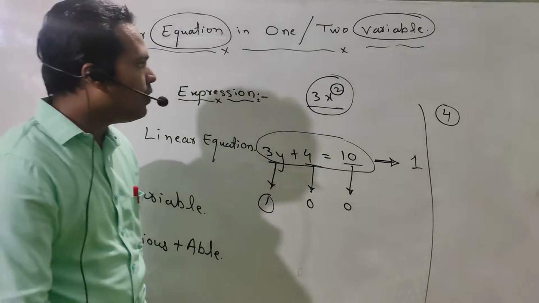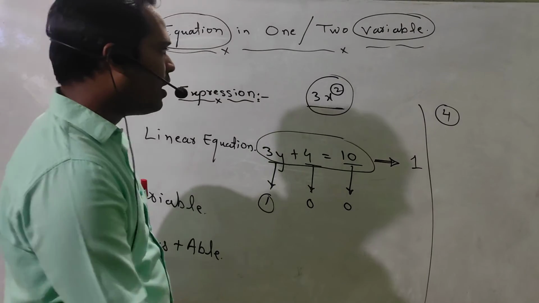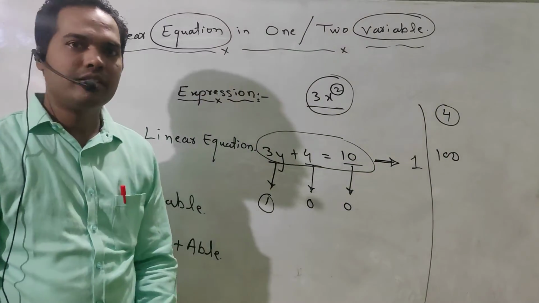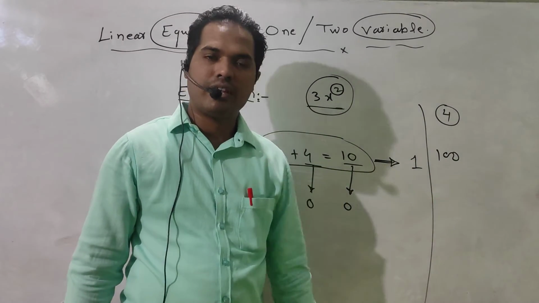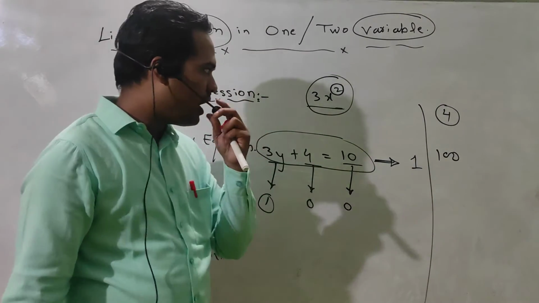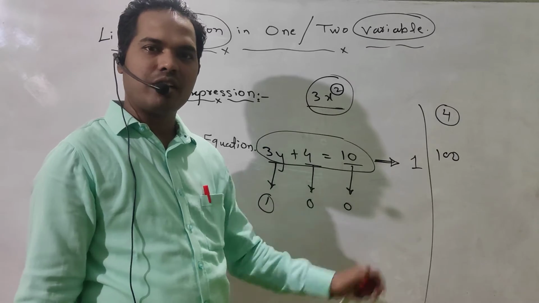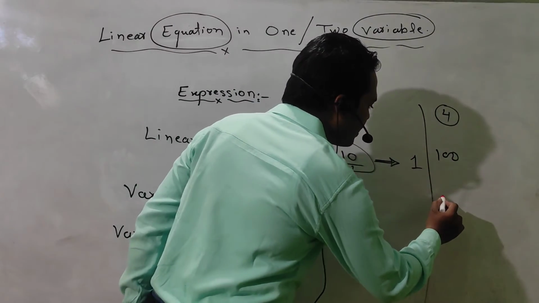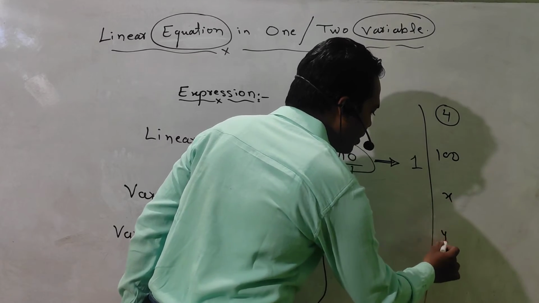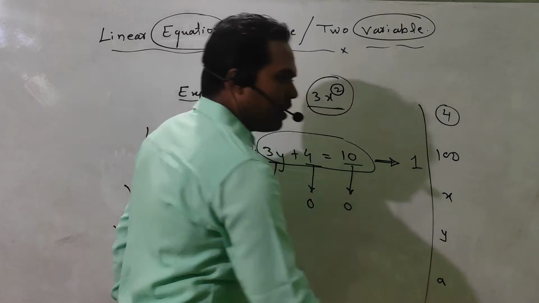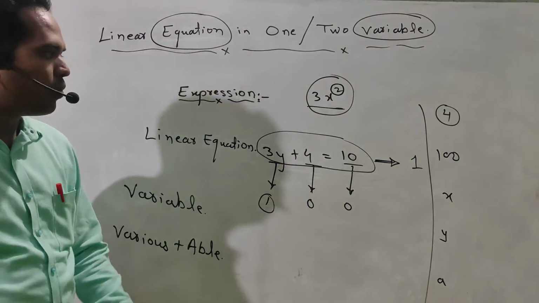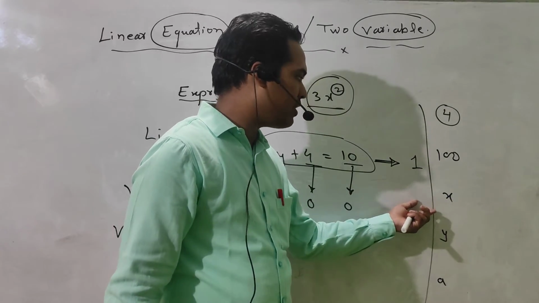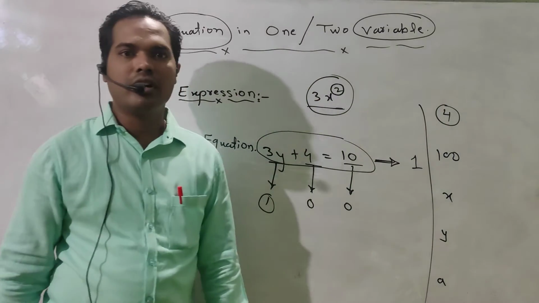Now if I write a number 100 and ask you what this number is, you will say, sir, it is 100 only, meaning its value is 100. And again, suppose I write an x, or y, or maybe a, and I ask you what is the value of this alphabet I have written, then you will get confused.